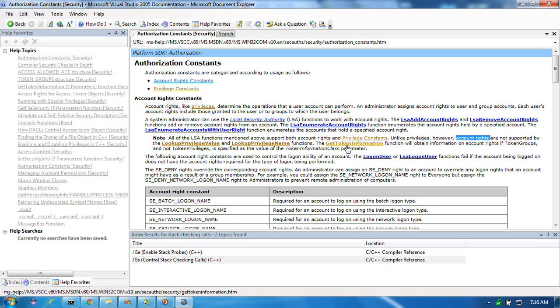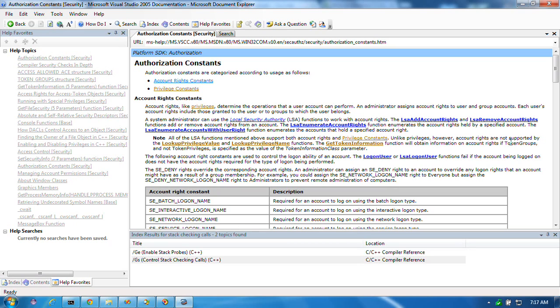The function that I was calling for that token thing will obtain information on rights if groups and privileges are specified as the value of the information class parameter. And not privileges.